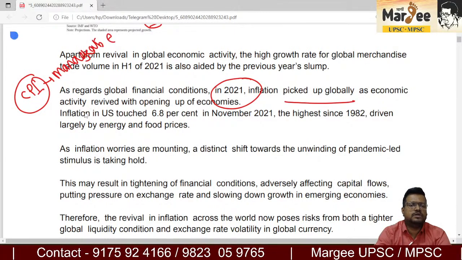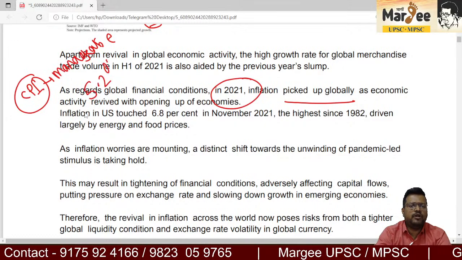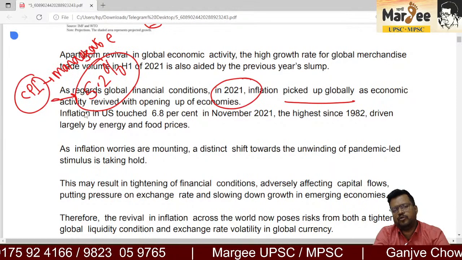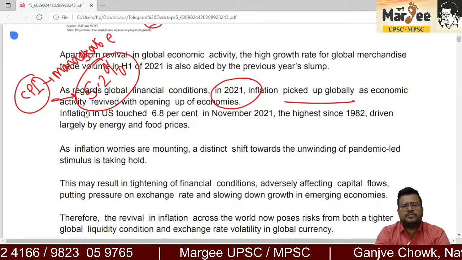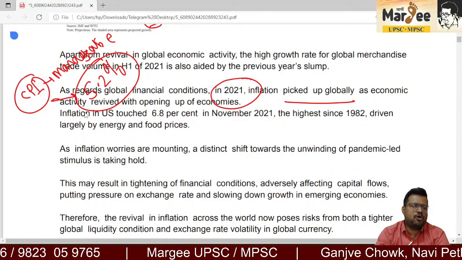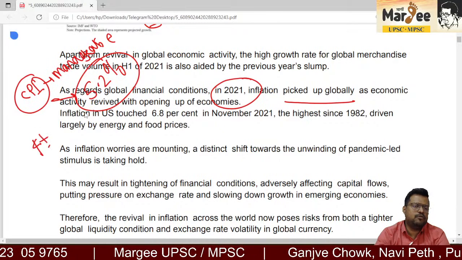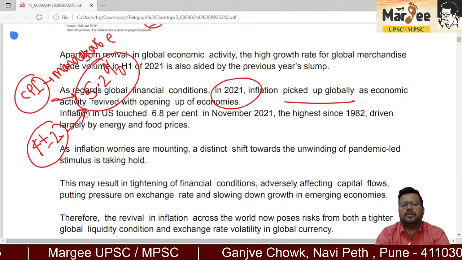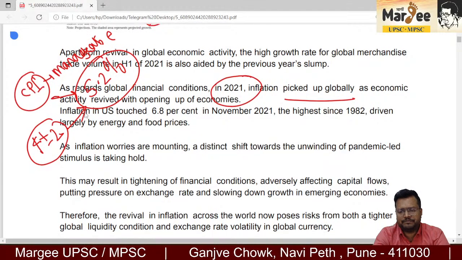It was 5.2% in the Indian context. CPI inflation was 5.2%. You must be aware that our inflation target is 4 plus minus 2, which means it was within the manageable limit of 6%.